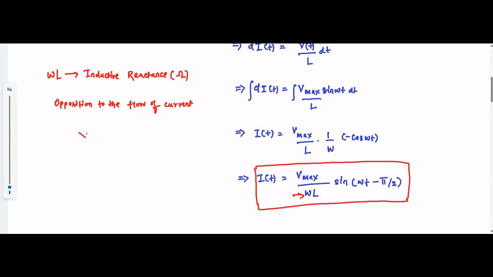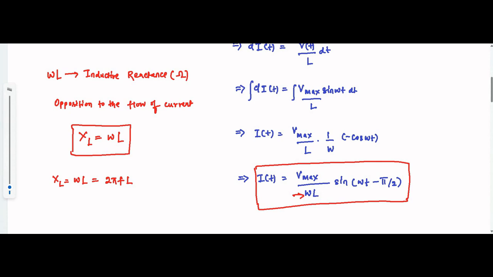Now it is also expressed as X subscript L, which is equal to omega L. It is called inductive reactance and has a unit of ohm. Now as you can see, it is frequency dependent in nature. We can write the inductive reactance as omega L, or as 2 pi fL, where omega is the angular frequency in radians per second and f is the frequency in hertz.